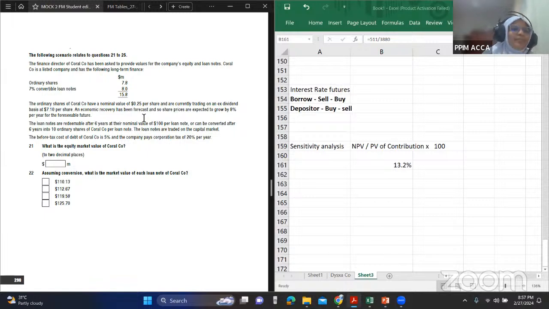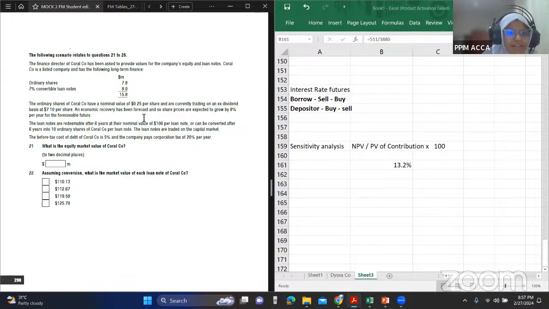Okay. So it says here, the finance director of Coral Company has been asked to provide values for the company's equity and loan notes. We are asking for market values probably. Coral is a listed company and has the following long-term finance. Ordinary shares, book value 7.8 million, 7% convertible loan notes, book value 8 million.